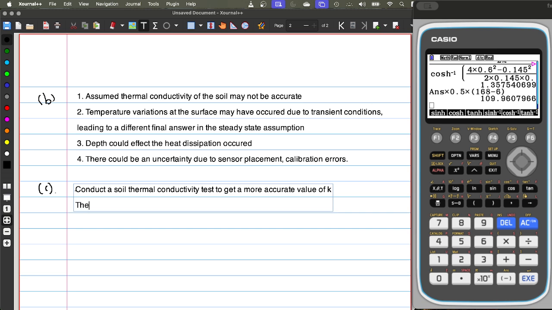We can do this by thermocoupling the thermal probes to measure soil conductivity.